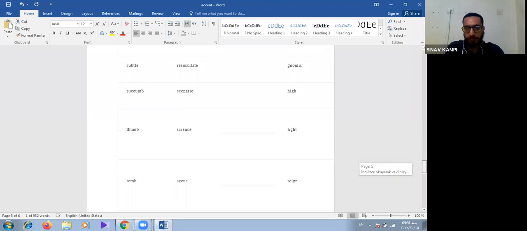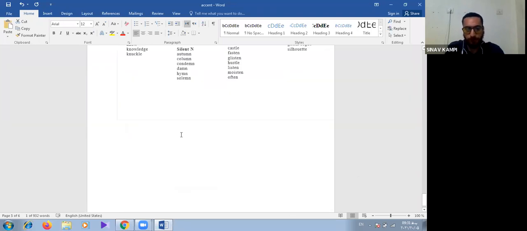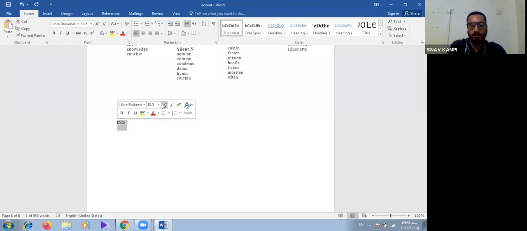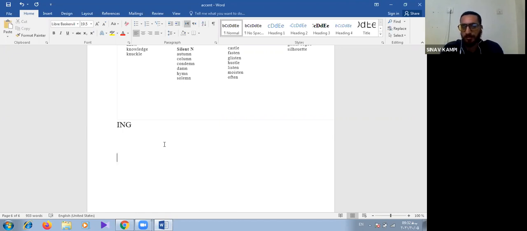Now, 2 more tips for pronunciation. First one is ing pronunciation. Now, most of the time in American and in some British accents, they do this, but in RP, in normal or formal English accent, they pronounce the G. But in American accent, most of the times, they don't say the G. So, example, the word playing.